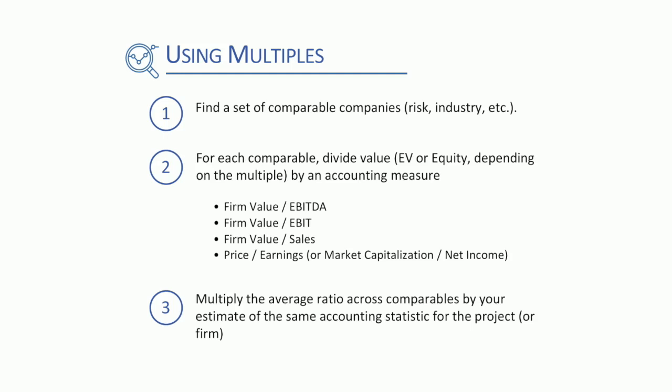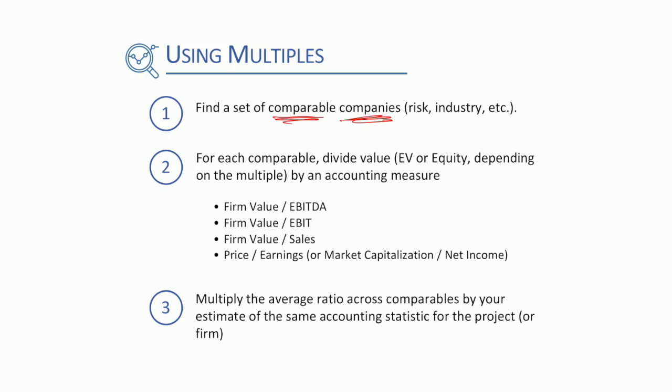Now, this type of procedure really relies on finding comparable companies. If your own firm is growing much faster than the other comparables out there, you're unlikely to obtain a good estimate for your own firm by doing this.